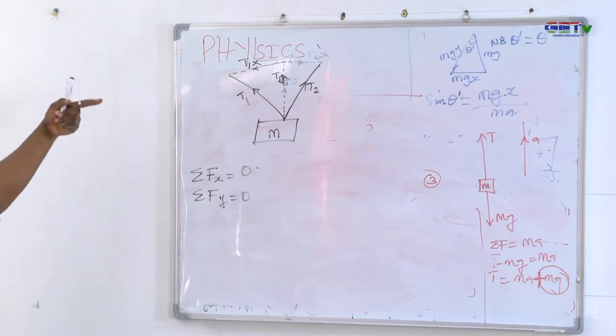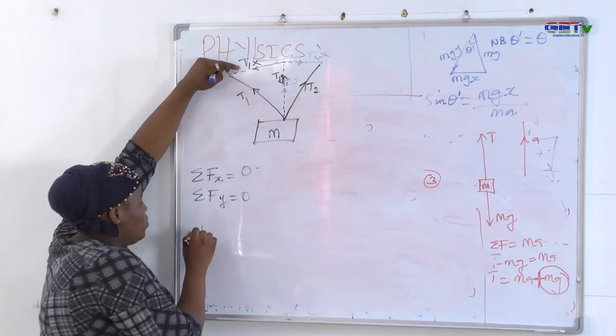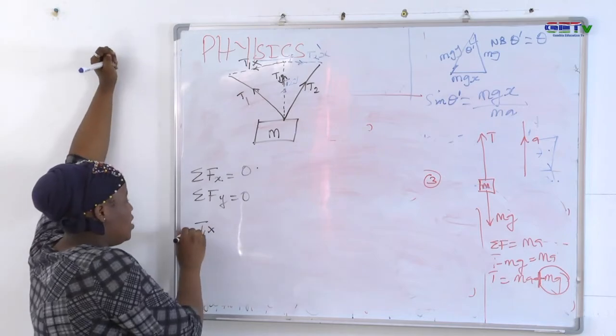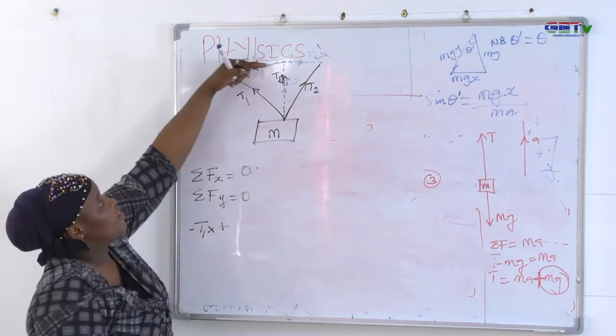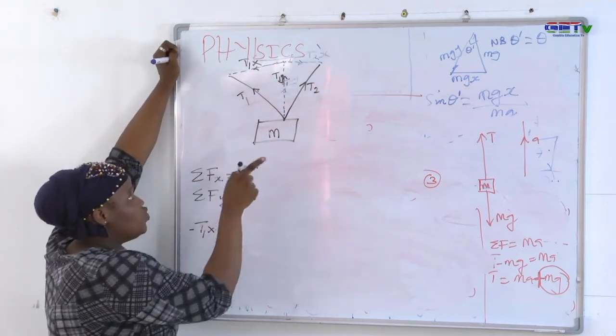Now, let's identify the forces acting on the x-axis. For T1, we have T1 of x, which is to the left, so we give it a negative sign, plus, because we are taking the sum, and the other force will be positive because that's the arrowhead which points to the right.